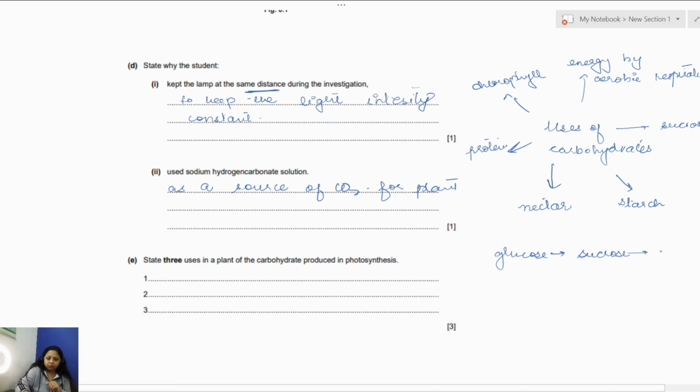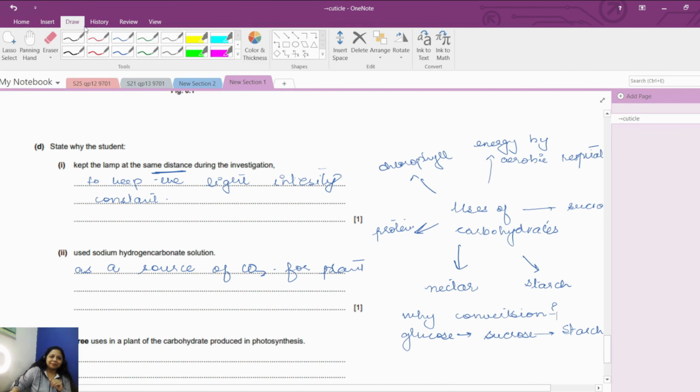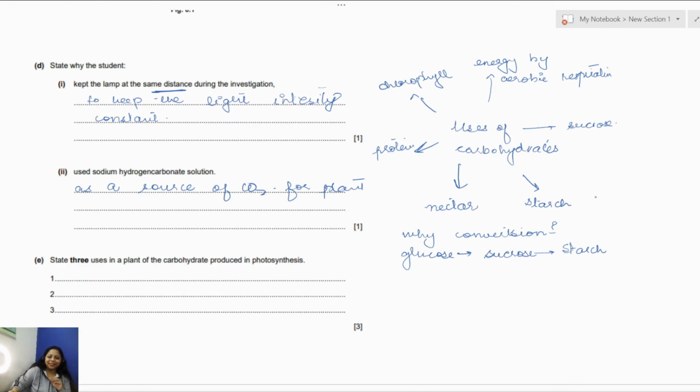Why are they important for plants? Wait, I'll tell you the answer.